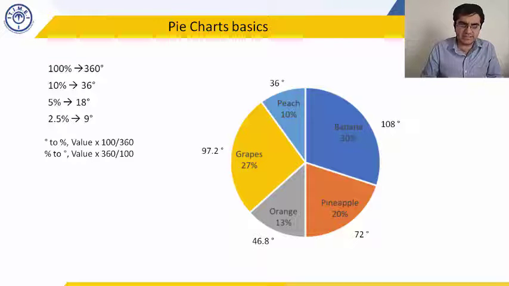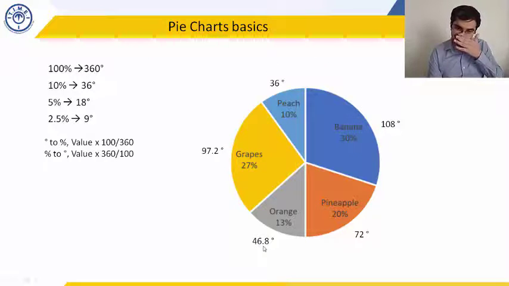And in a similar way, degrees can be converted to percentages. Okay, so you can see that, for example, this is 36 plus 10.8 degrees. So 36 is 10% and 10.8 degrees is 108 degrees divided by 10, which is 30% divided by 10, which is 3%.